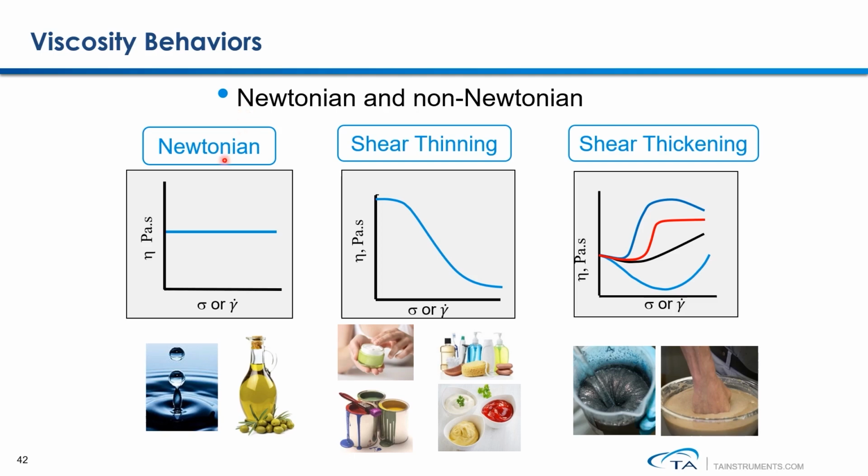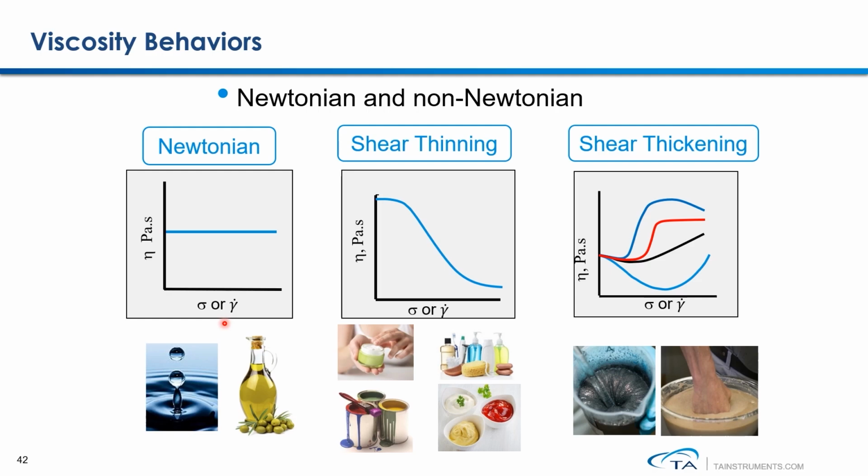The viscosity of a Newtonian liquid sample is independent of your measurement stress and shear rate. This kind of sample's viscosity is only sensitive to the measurement temperature. Typical Newtonian behavior is commonly observed in single component liquids, something like water, olive oil, or organic solvent.